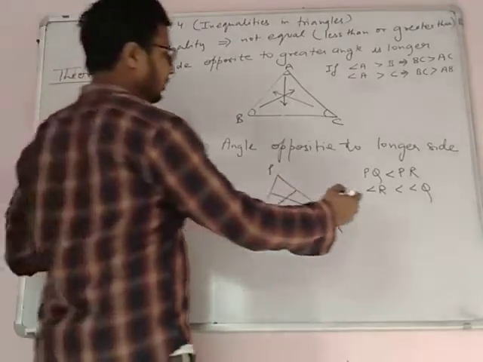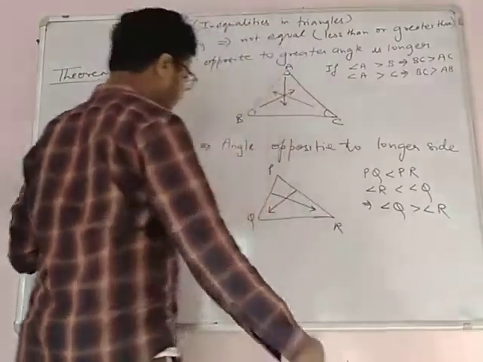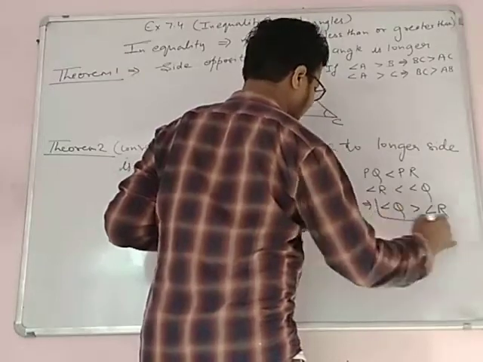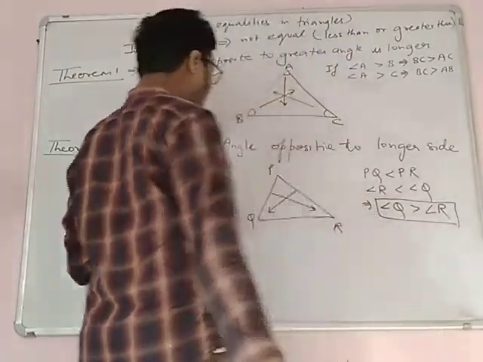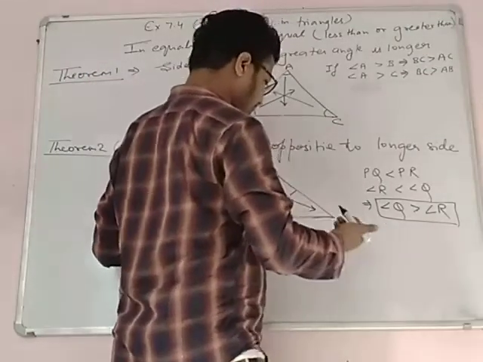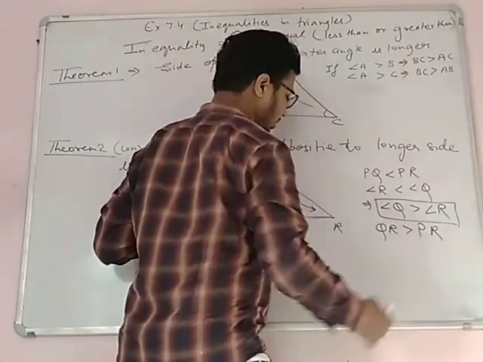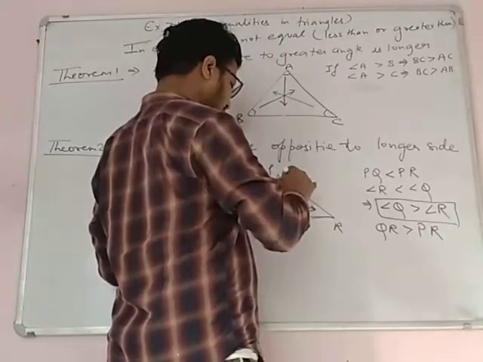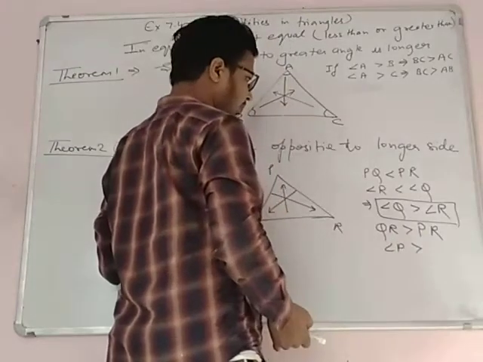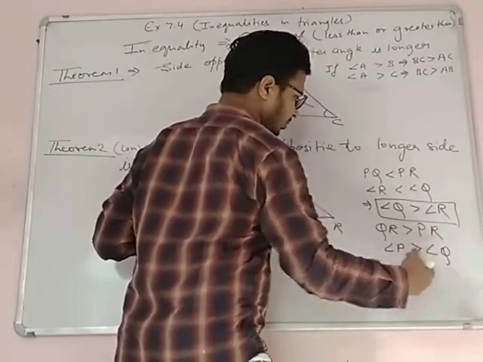You can also write like that, if you want to write in the greater form. Let's suppose we can say that QR is greater than PR. In that case, the angle opposite to QR, angle P, is greater than the angle opposite to PR, angle Q. Clear?